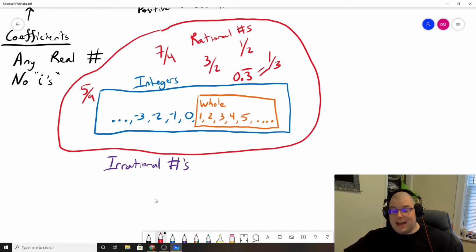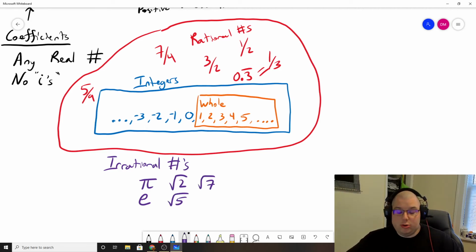Irrational numbers are non-repeating, never-ending decimals, and the most famous of which is probably pi, and then there is e. Other examples of irrational numbers are the square root of 2, the square root of 5, the square root of 7.